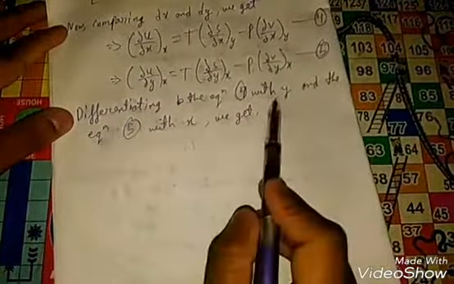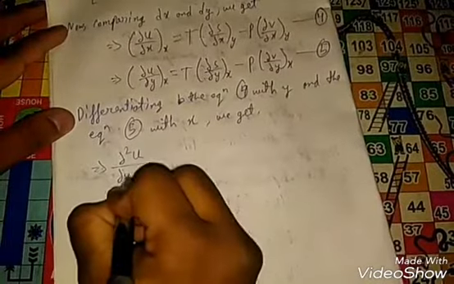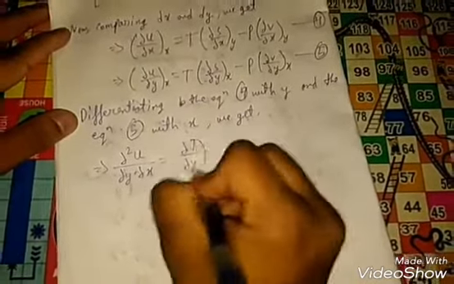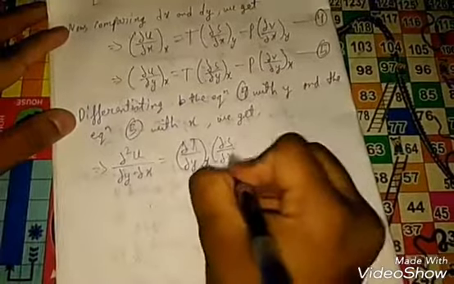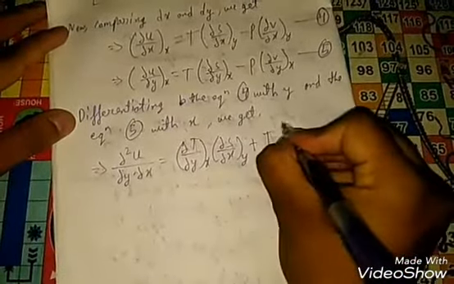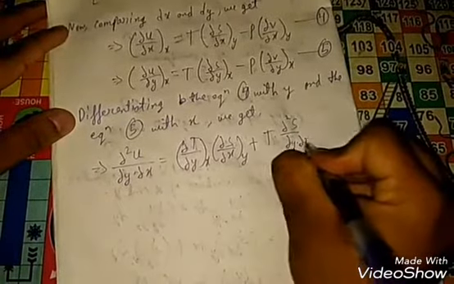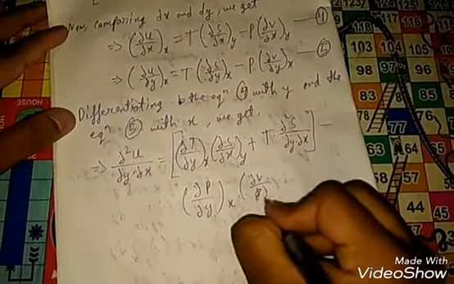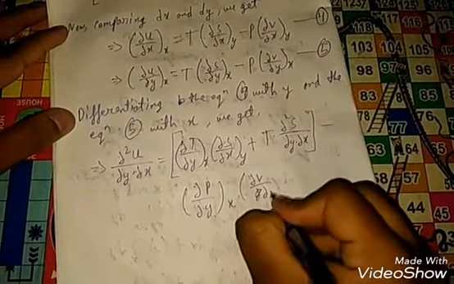Now for equation 4 we differentiate it with y, so we get del square u by del y del x is equal to del t by del y keeping x constant del s by del x keeping y constant plus t del square s by del y del x, minus, now we can put this in a whole bracket, minus del p by del y keeping x constant del v by del x keeping y constant minus p del square v by del y del x.